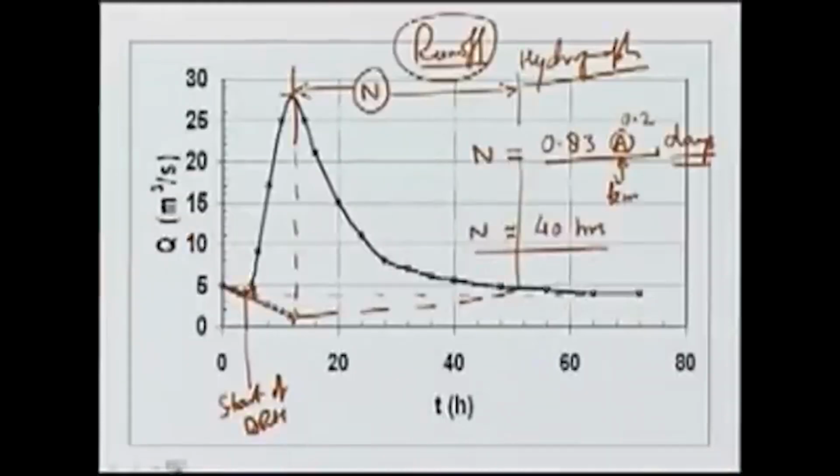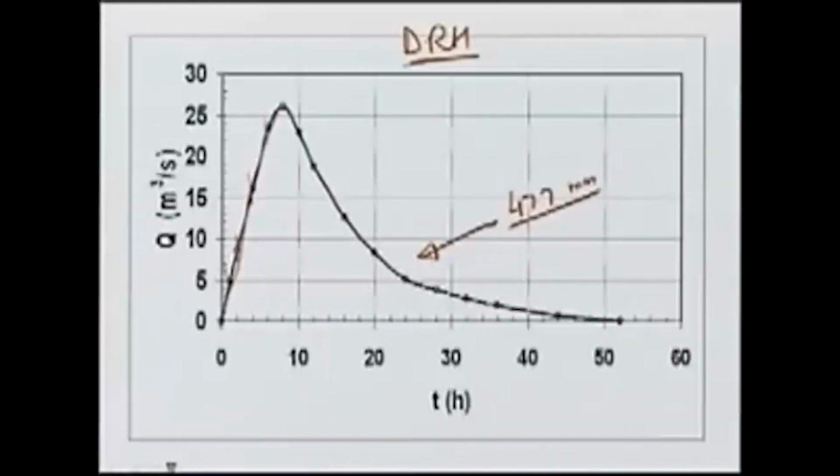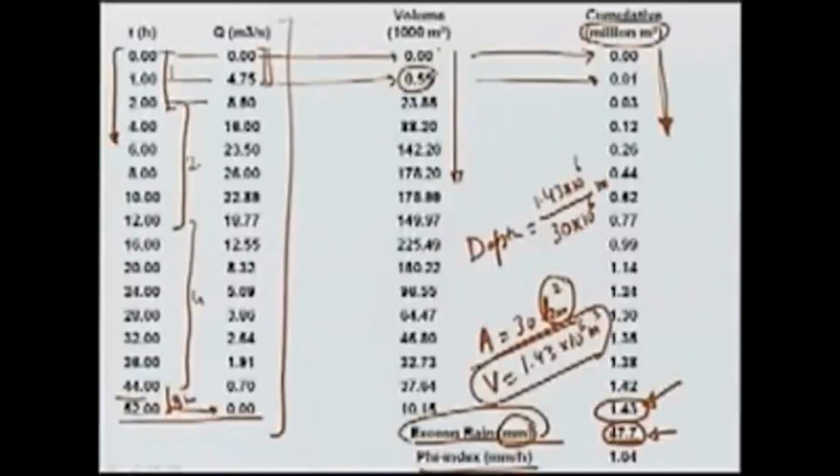So, out of a total rain of 56 millimeters, the effective rain or the excess rain is only 47.7 millimeters. So, that means we have a loss of 56 minus 47.7, so 8.3 millimeter. This 8.3 millimeter loss is occurring over a time period of 8 hours. Therefore, we can say that the phi index will be 8.3 divided by 8, which is 1.04 millimeter per hour.